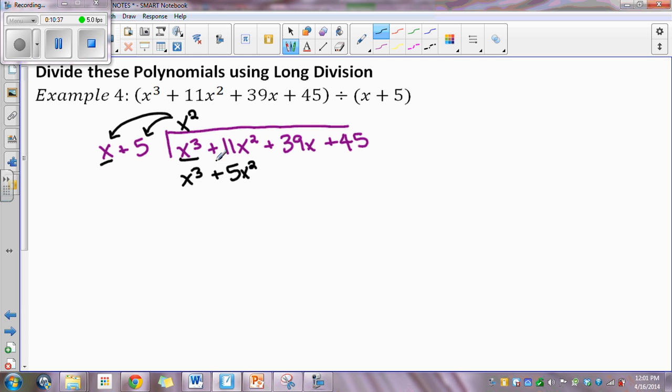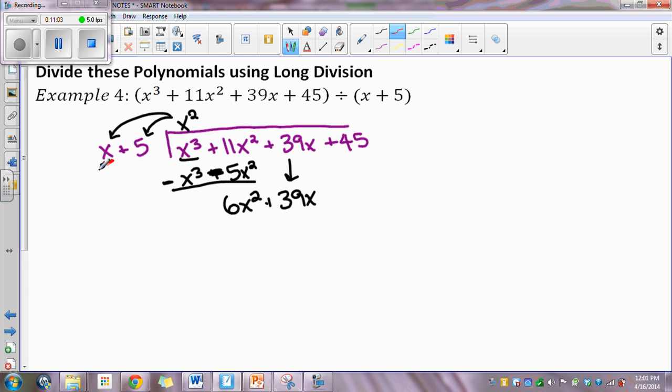But remember, we have to subtract. So this is actually a minus, and so is this. Got to switch our signs. These x cubes go away. We're left with 11x squared minus 5x squared, which is 6x squared. Carry down your next term and start over, start fresh.